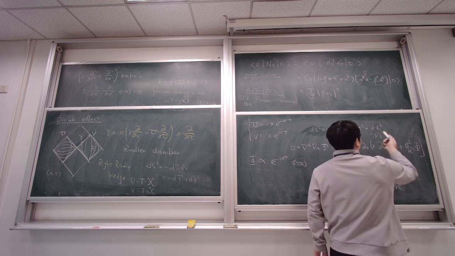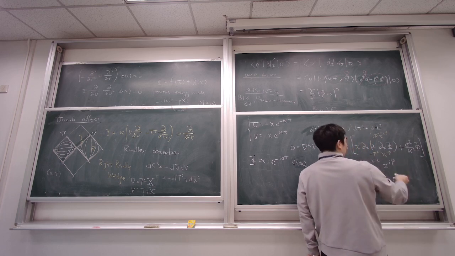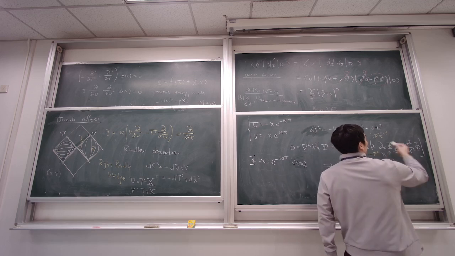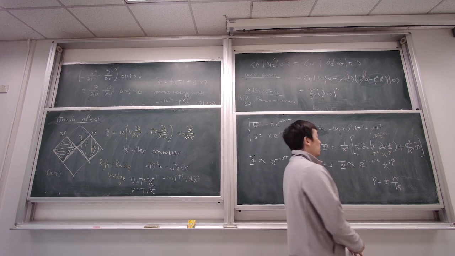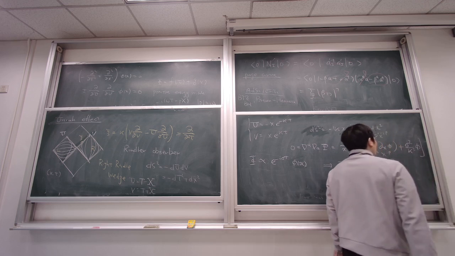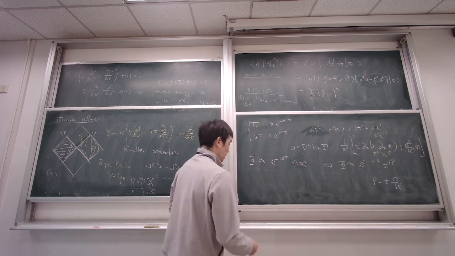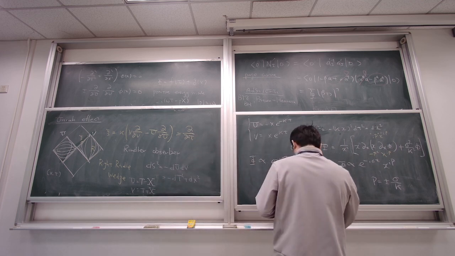And then again, if you apply this derivative, you get the p squared minus x to the i p. And if p squared satisfies this condition, this cancels with this one. Okay, is it okay? You get the solution.